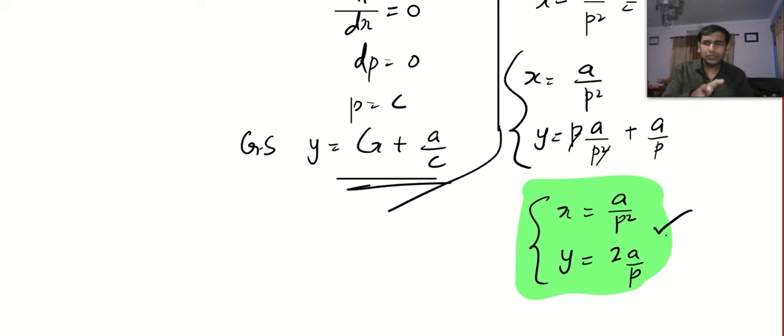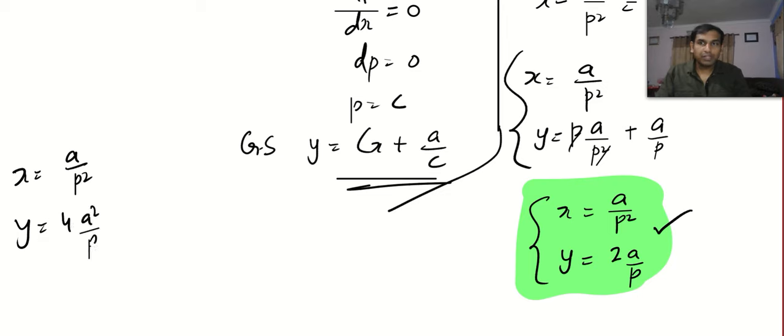But here it looks so simple. I know I can eliminate p very easily. So what I'm going to do is I'm going to square the second one because I want to eliminate p. So x equal to a by p square, y is equal to 4a square by p square. I'm squaring, so y square equal to. Now you can divide, or you can find the value of p square from the first one, put it in the second one, somehow eliminate.